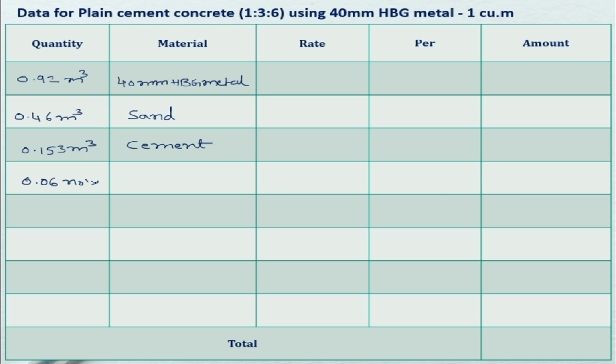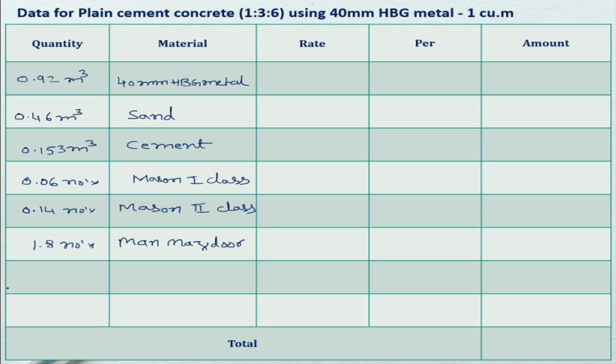0.06 numbers mason first class, 0.14 numbers mason second class, 1.8 numbers man mazdoor, 1.4 numbers women mazdoor.